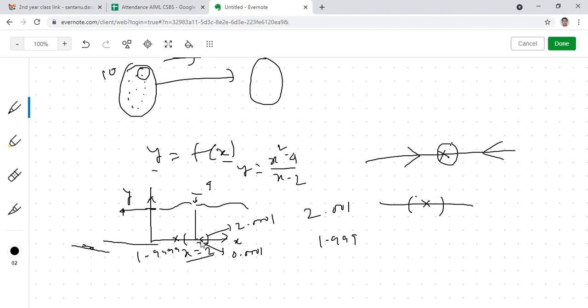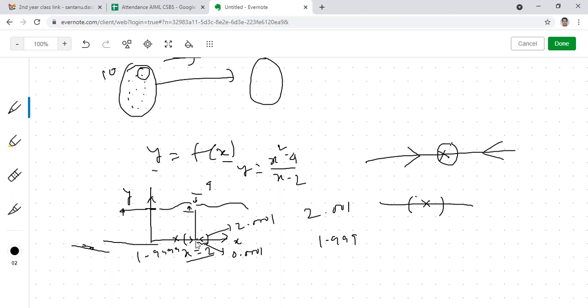So if you go towards 2 from the right hand side of 2, the functional value comes closer towards 4 from the greater values of 4. Similarly, if you take values lesser than 2, that means if you approach 2 from the left hand side, the functional value will be very close to 4, but it will move towards 4 from the lesser values of 4, that means 3.999, 3.99998, like that.